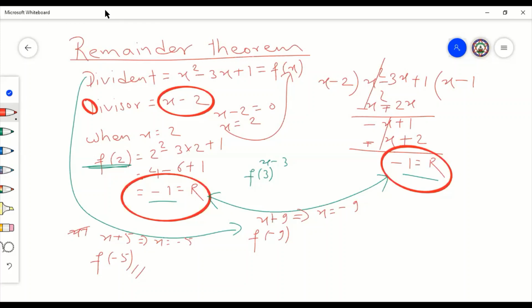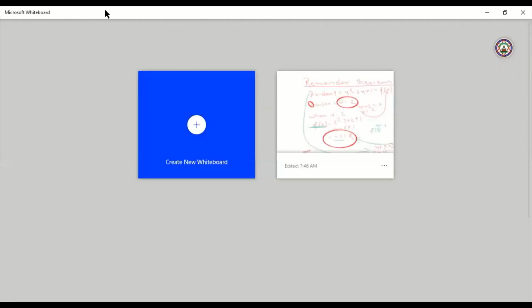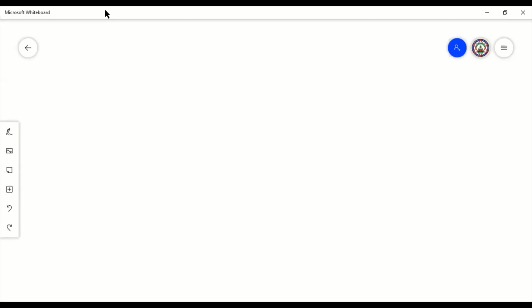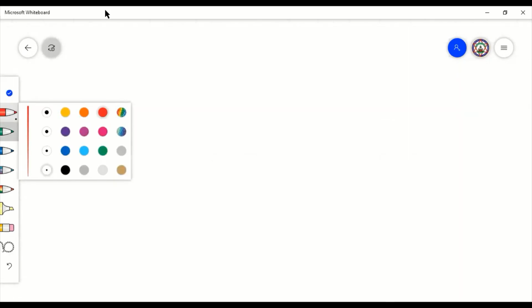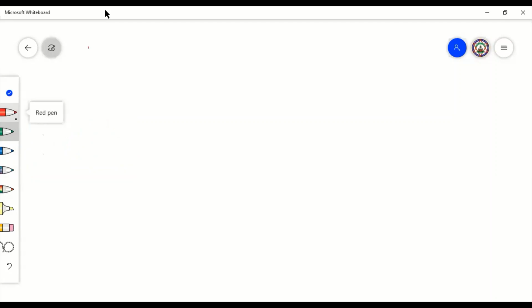Okay, so now I'll give the definition of the remainder theorem. What is it actually? Remainder theorem definition. This is a very important theorem.